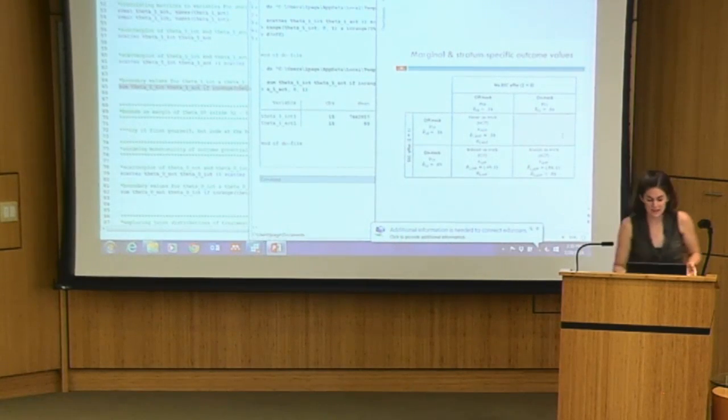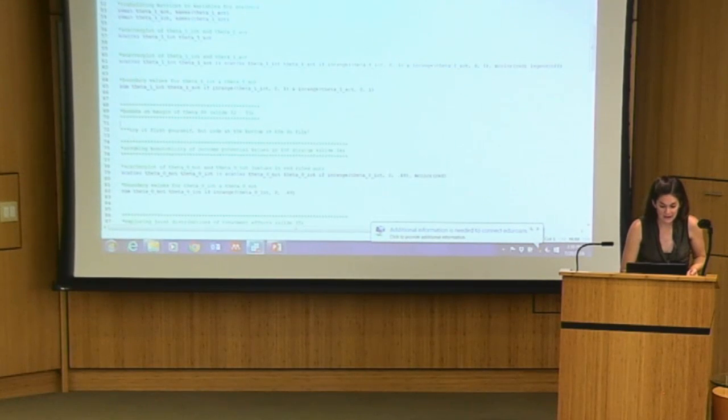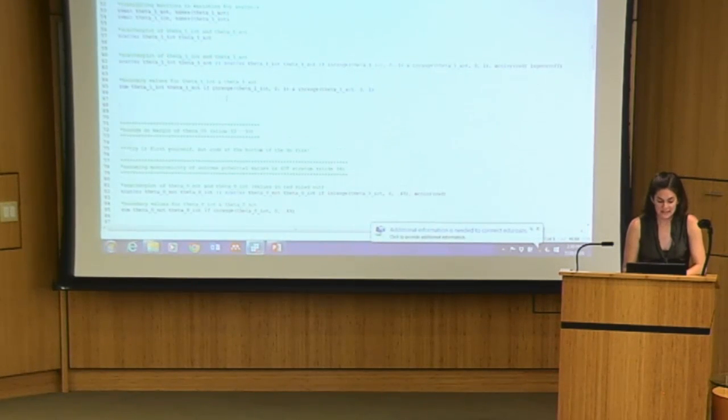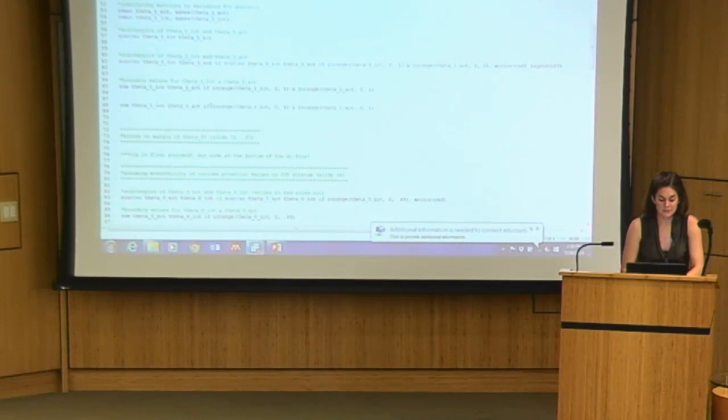I didn't calculate this, but you could go to Stata and say, tell me. It's always bad to do things on the fly. Okay, we could say, Stata, give me summary statistics for these two if theta 1 IoT is less than theta 1 AOT.